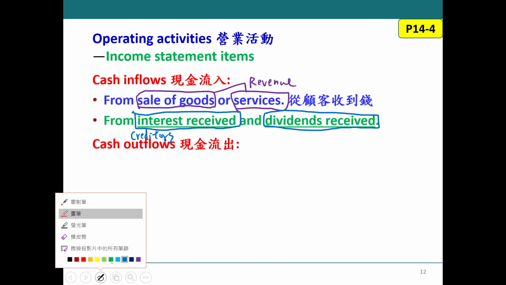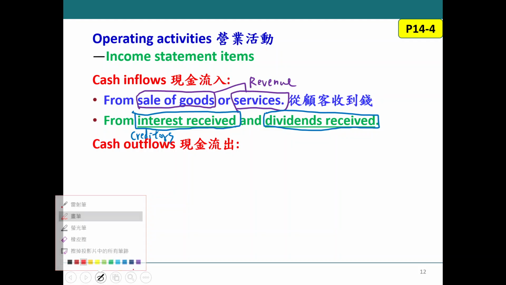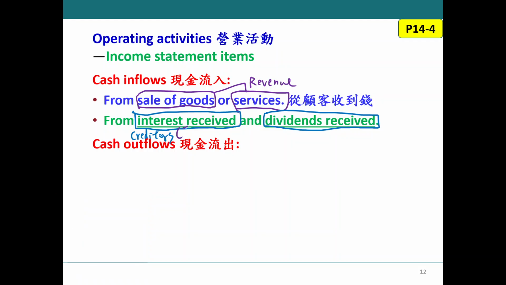Investing, okay? So did you find out? You got the interest. You are creditors. You did investing activities, okay?